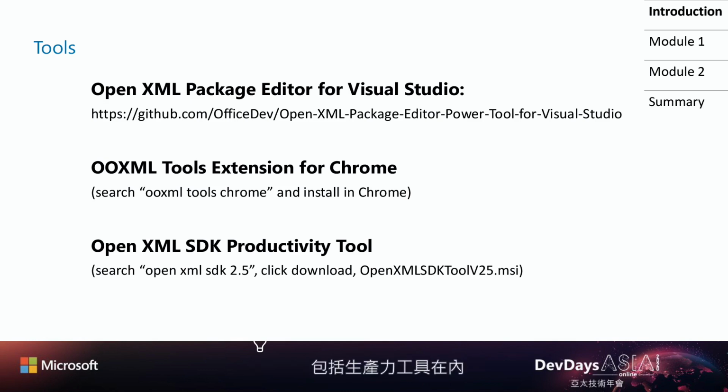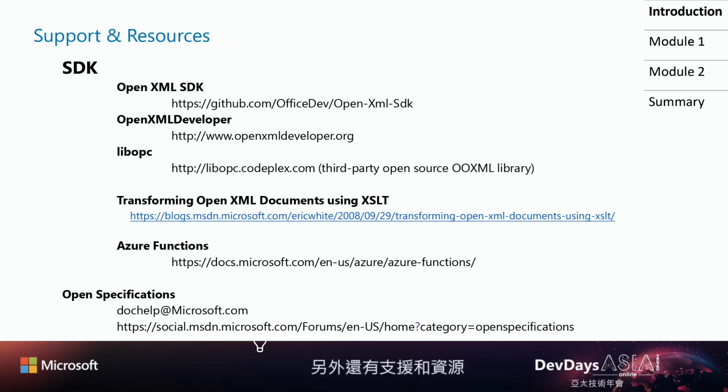The PowerPoint deck includes the productivity tool, but there are a couple of others that you might find useful. And then also support resources. If you have any issues using the SDK, you should go to the GitHub page and log an issue there if there's some problem with it, a bug or whatever. If you have a how-to question, typically go to Stack Overflow, and then open specifications, doc help at Microsoft.com, and this forum link below at the bottom of the page.